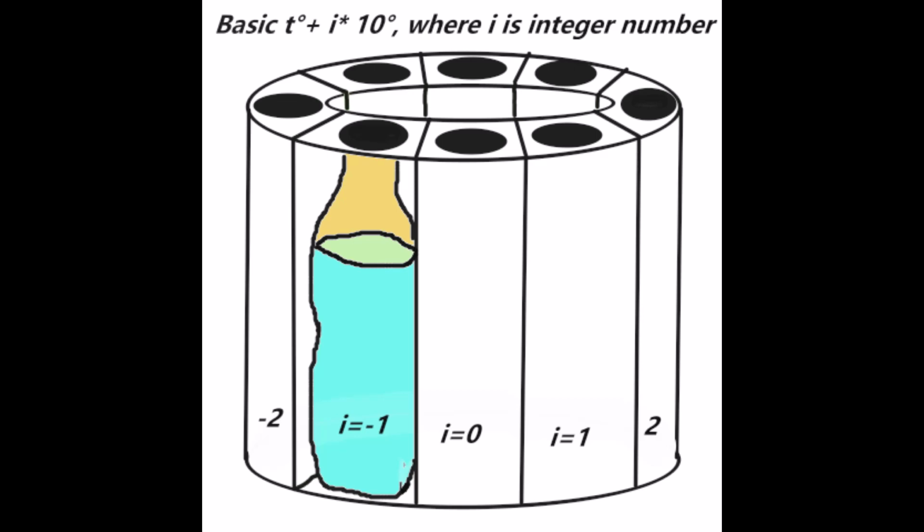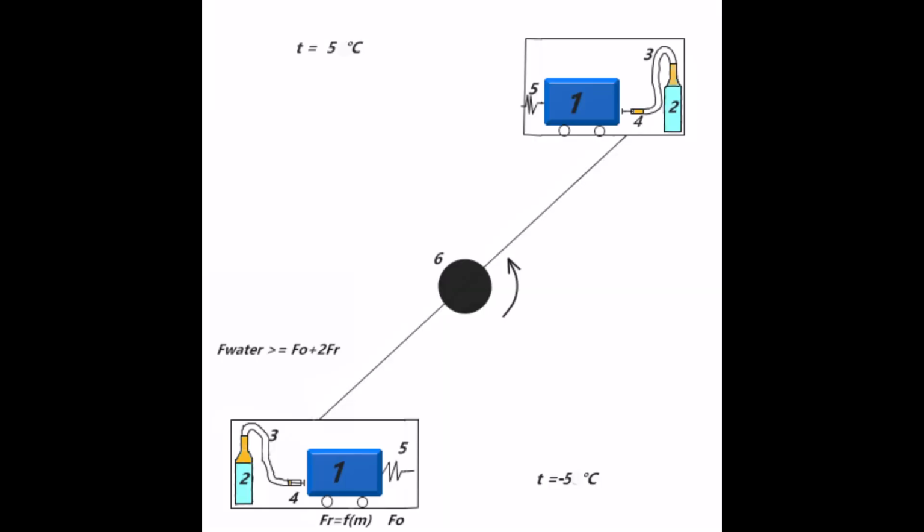The step is say 10 degree. The average outside temperature may be determined by a thermometer, and a program will manage corresponding bottle to replace. All of the bottles except one will be placed into some thermos section. So about device. This is the first thing that came to mind.